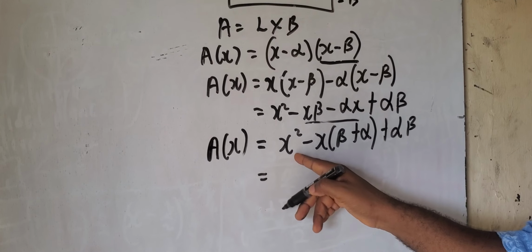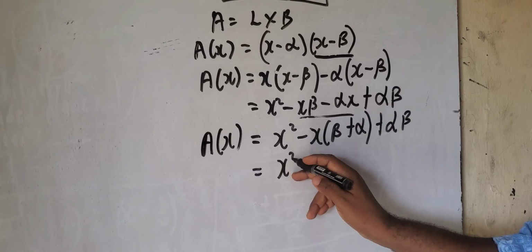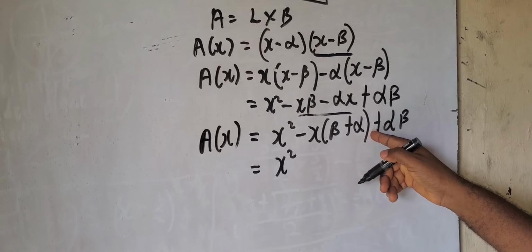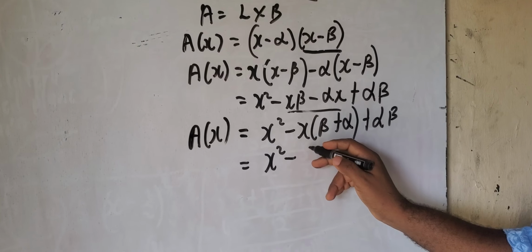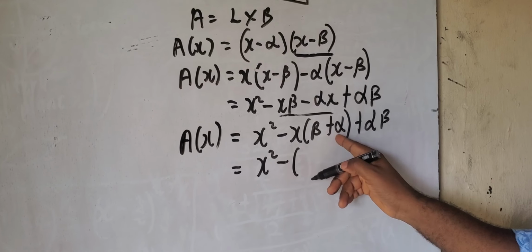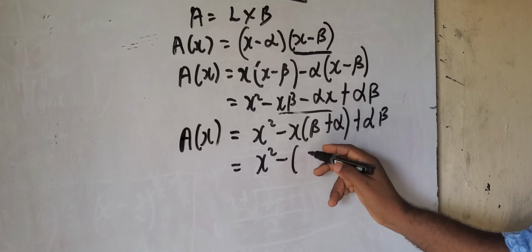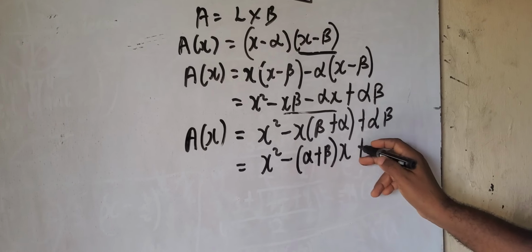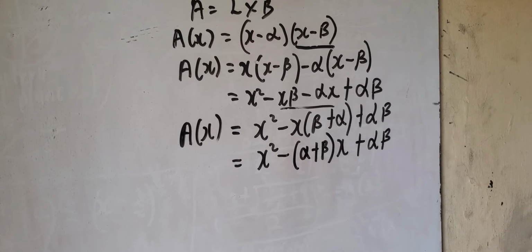So now, this one can be written as x squared. I want to take my x to this other side there. So I have minus, rearranging what is here, from the commutative law of addition, it's the same as alpha plus beta, then times x, then you say plus alpha beta.